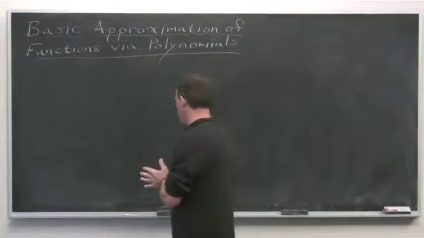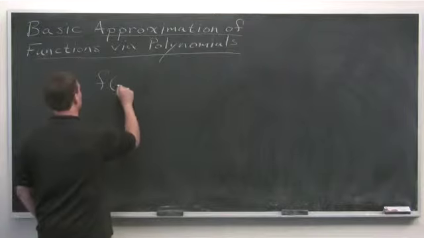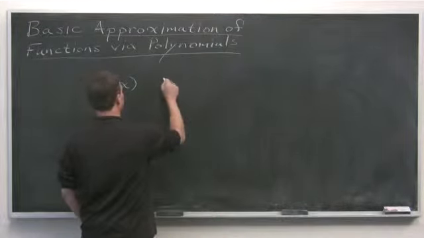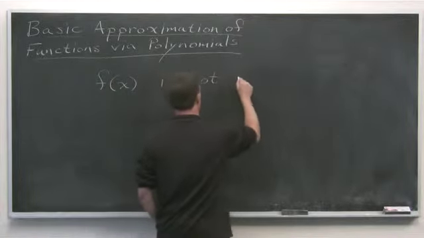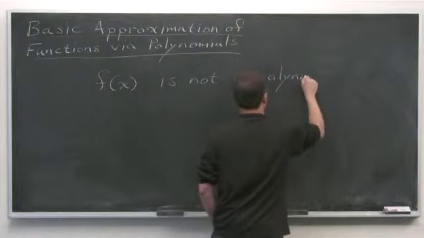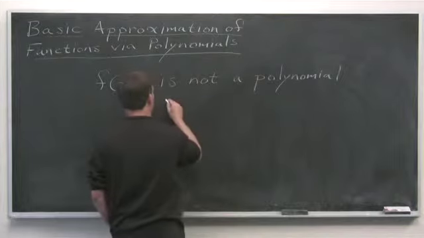All right, so we start with a function f of x. We're interested in the case where f of x is not a polynomial function. I mean, it could be a polynomial function, but we're really interested in the case where it's not.